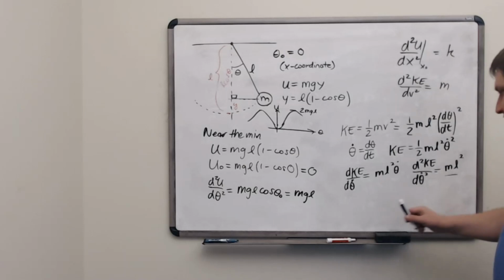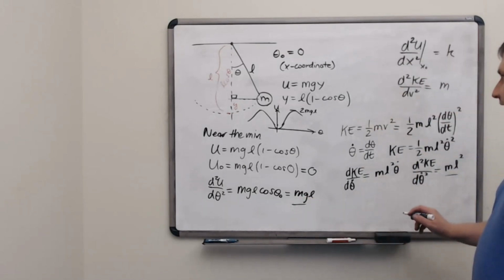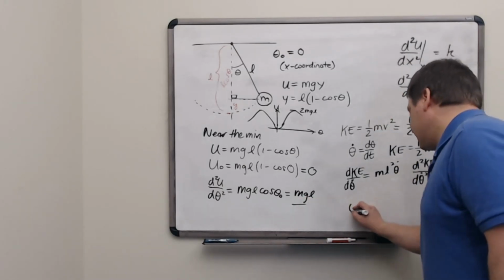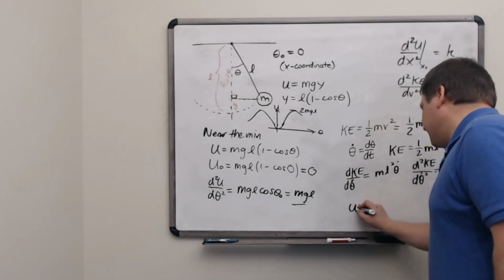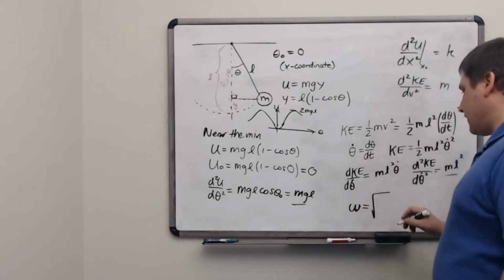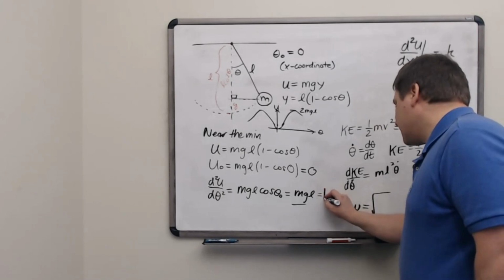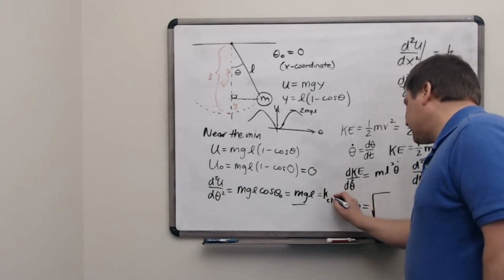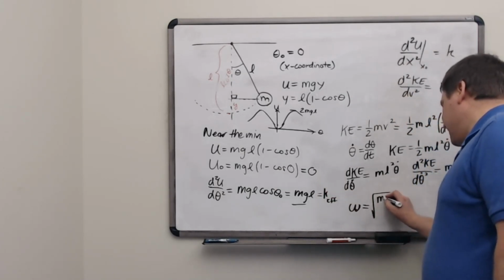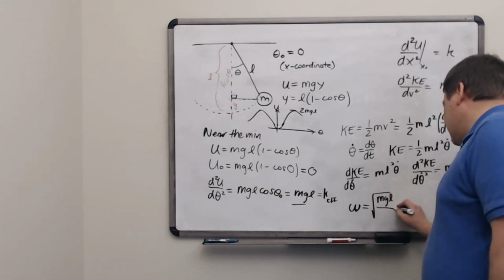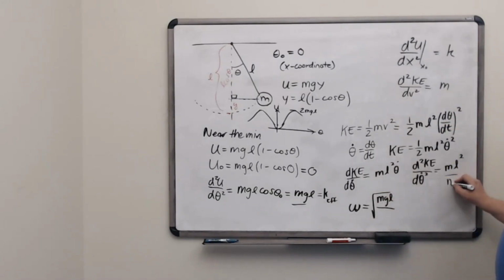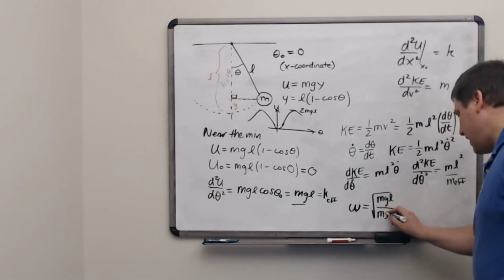Now let's use these two results to calculate the angular frequency in this system. This is what I saved the symbol omega for. It will be the square root of this effective spring constant, mgl, divided by this effective mass, ml squared.